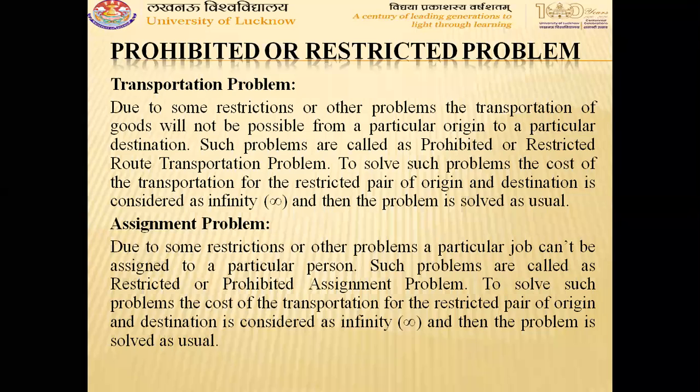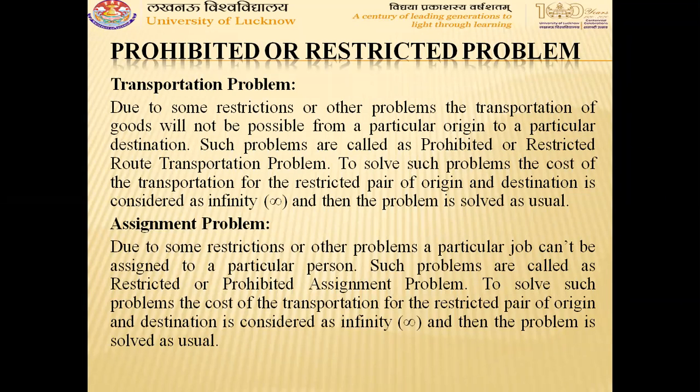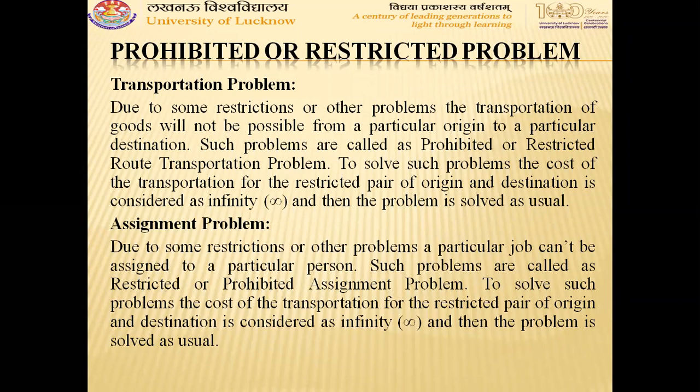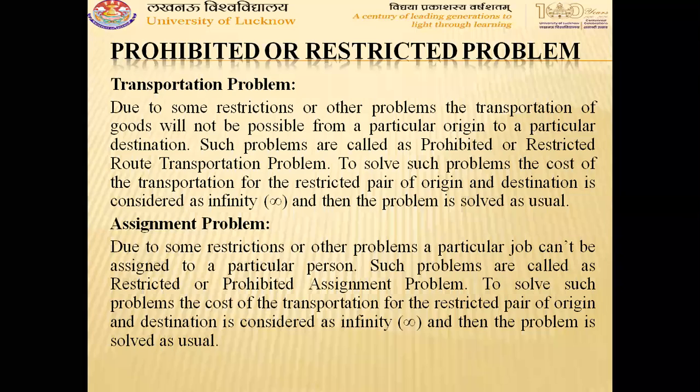Generally, old age persons can perform work on paper very well, whereas they cannot perform work on a computer quite easily. So if there is computer work, then we would not want to assign that work to old age persons as they are not familiar with the computer. So in such a situation, there is a certain restriction. Due to these restrictions, the assignment problem is called a restricted or prohibited assignment problem.